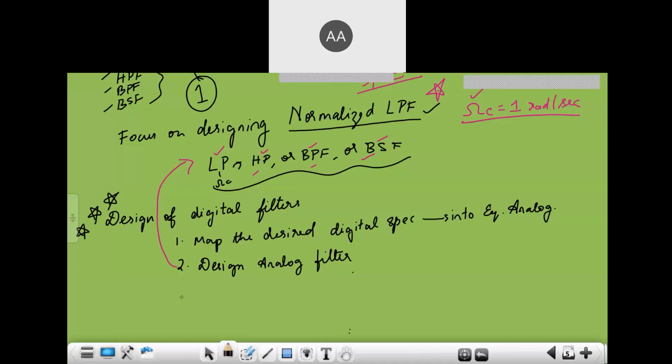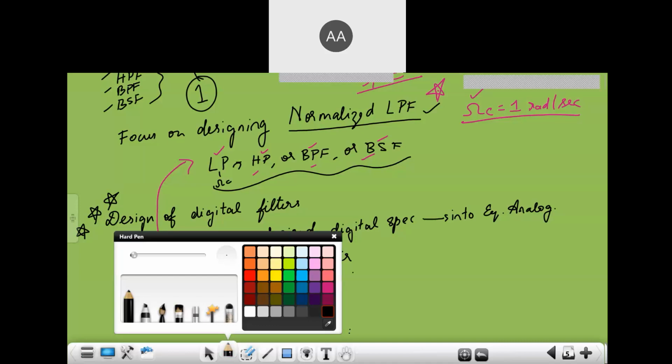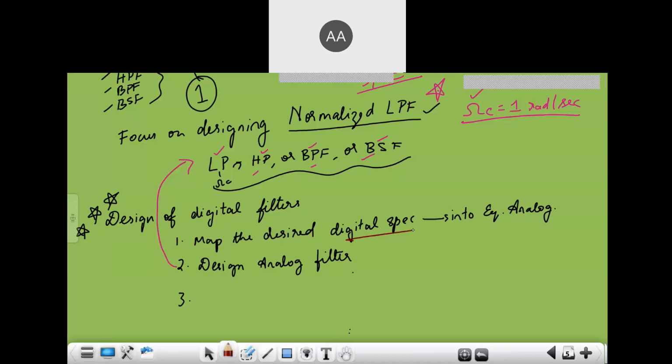Now you are in the analog domain. You are asked to design the digital filter and you have mapped the digital specifications, right? You have converted digital specifications to analog specifications, and you did the analog design in the second step. That too, you will design for the low pass filter and you will transform it.